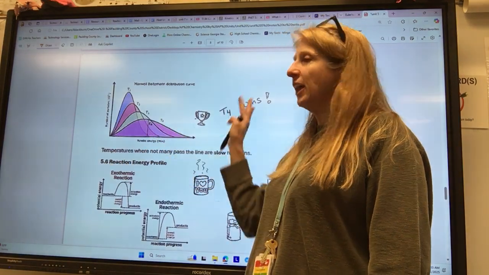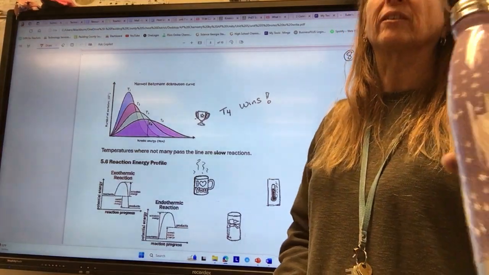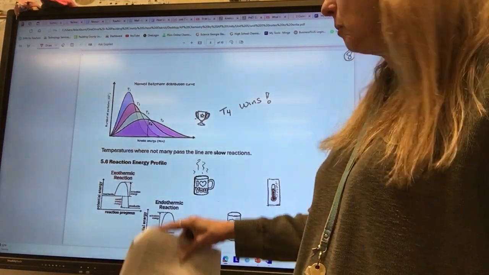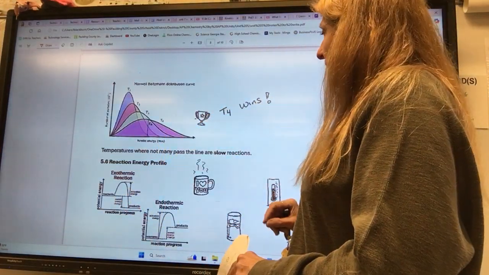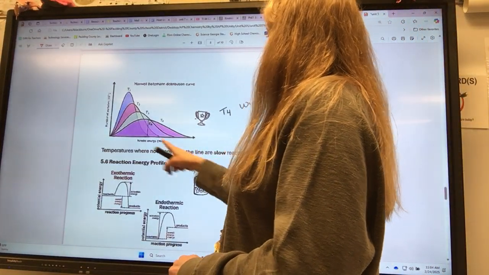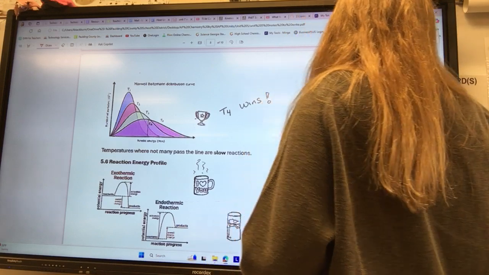Do you see how they can ask you multiple choice questions on that graph? Basically, do you understand it? More of the purple gets past. And I know y'all's graph doesn't look as good, but you can kind of see it. Temperatures where not many pass the line are slow. So they could ask you which one's fastest. T4 is fastest.